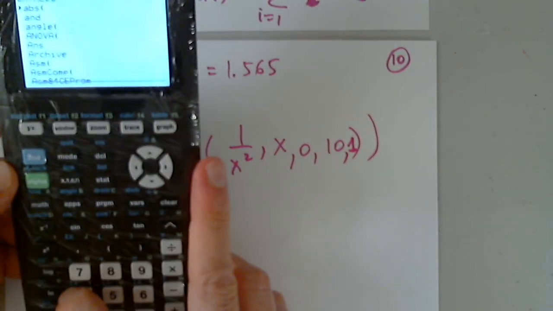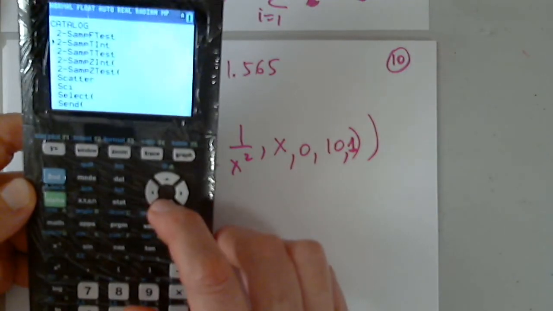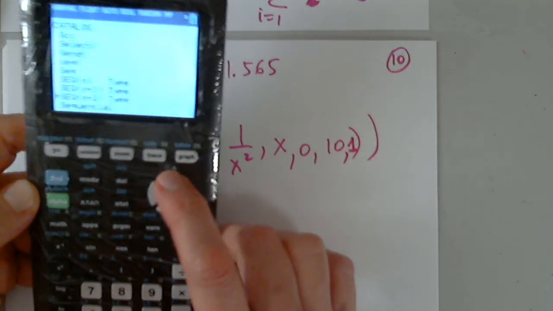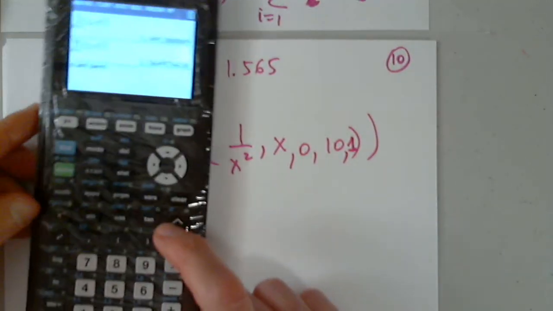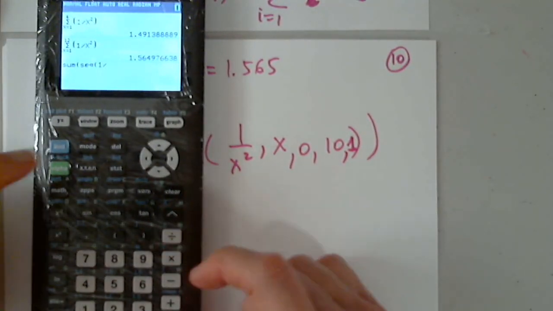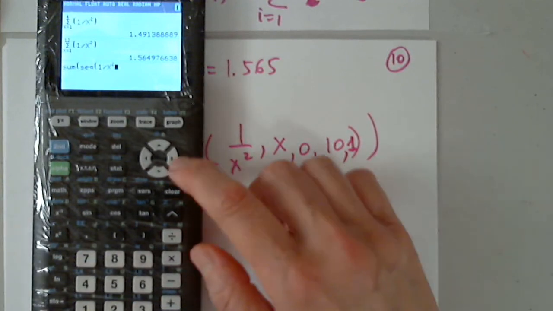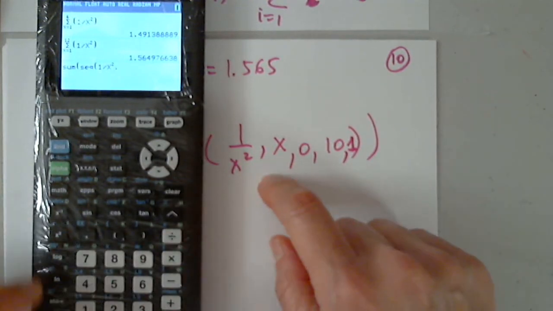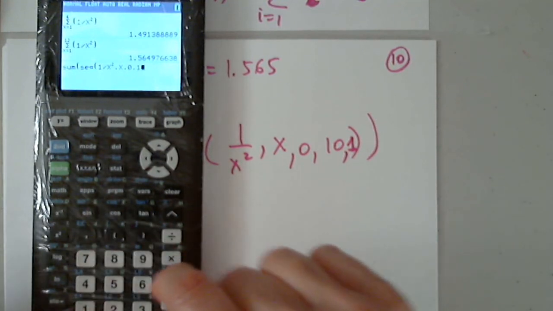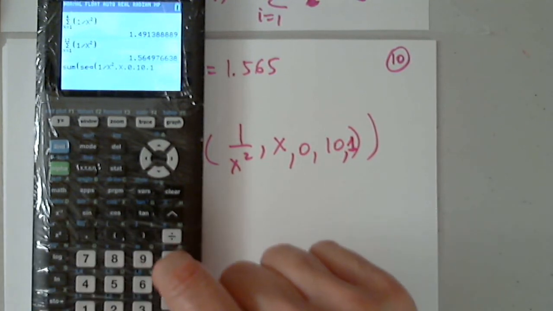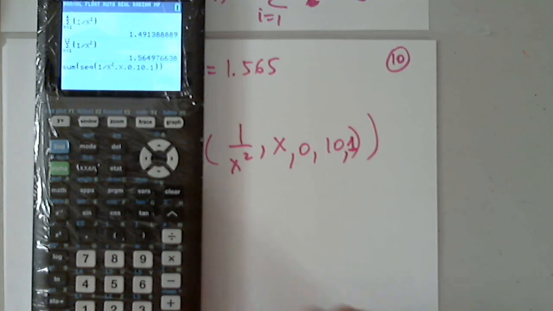Again, thank you for helping me with that. Okay, so we have 1 divided by x squared, and then comma, x, comma, 0, comma, 10, comma, 1, close 2 sets of parentheses, and press enter.